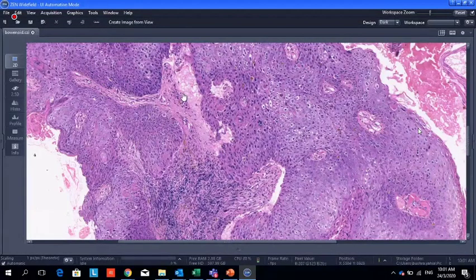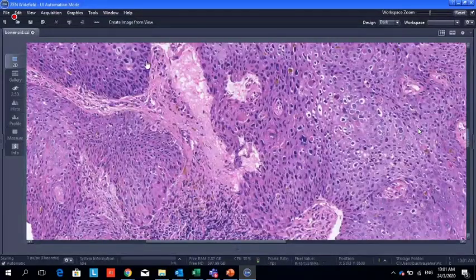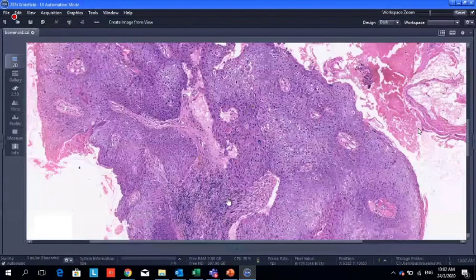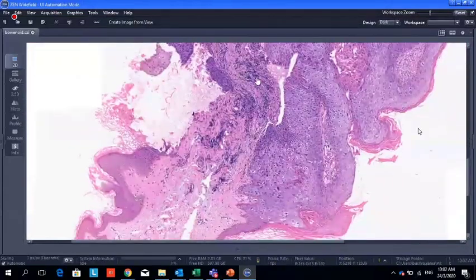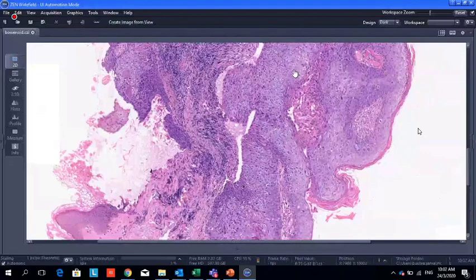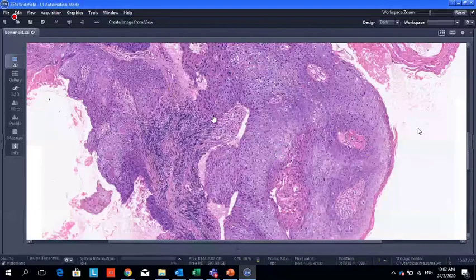It should be whether the basement membrane is breached. Some of the malignant cells go into this area, into the dermis. But here, can you see the basement membrane is still intact? No breaching. Understood? Can I move to the second case? Yes.